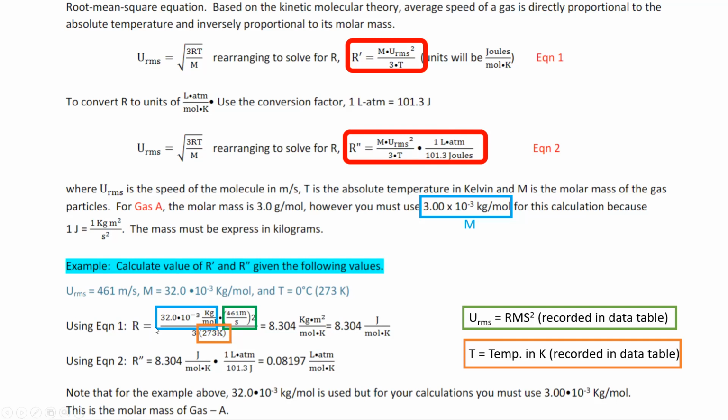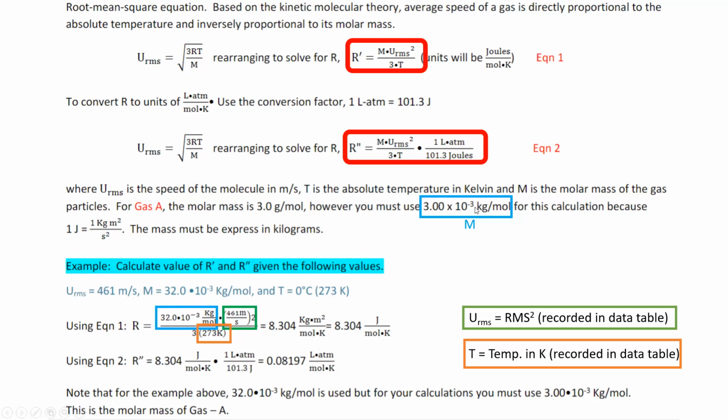In the example calculation, they used a different molar mass. It says the molar mass is equal to 32.0 times 10 to the negative 3 kilograms per mole. But it tells you instead of this value, you're going to use 3.00 times 10 to the negative 3 kilograms per mole, and not the other molar mass that was used in the example calculation.